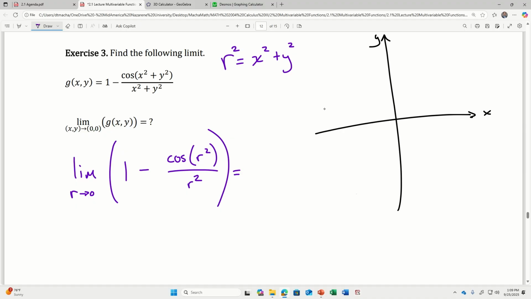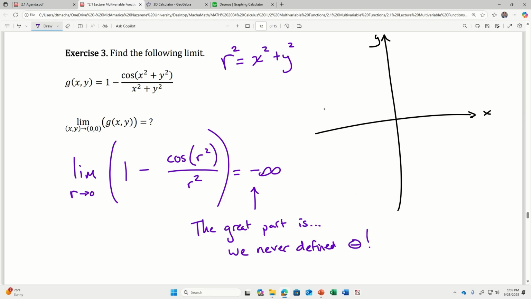Again, this is still 1 minus a term that's approaching positive infinity, so the limit's still negative infinity. But the great part now is that in polar coordinates, we never defined what theta is. Does that make sense? This formula makes no mention of theta. And if theta is the direction from which I'm approaching the origin, that means that every choice of theta will give me the same limit. And so now we're happy.